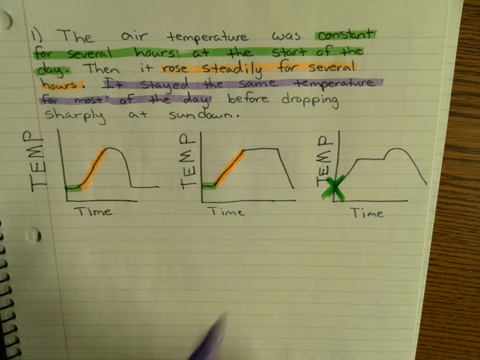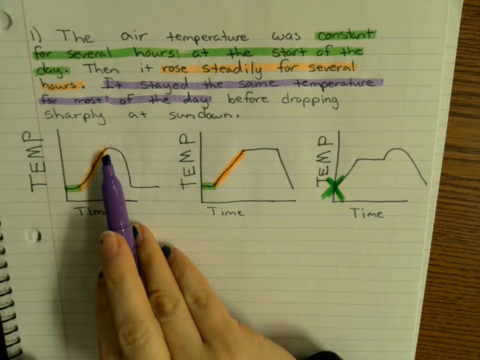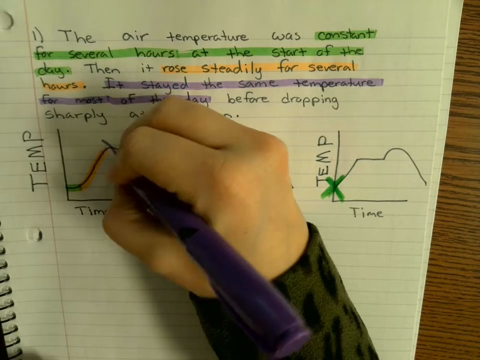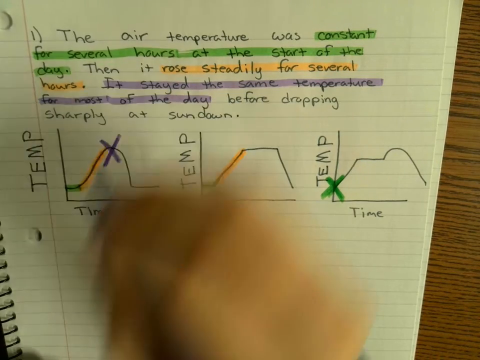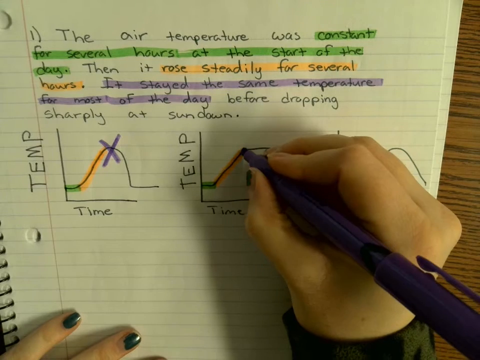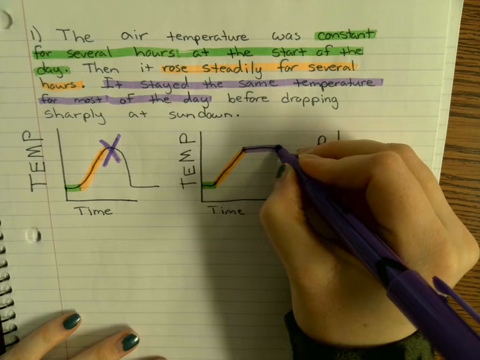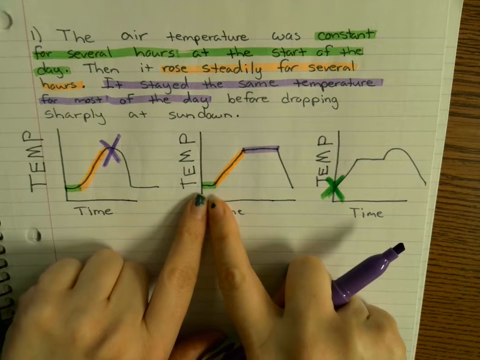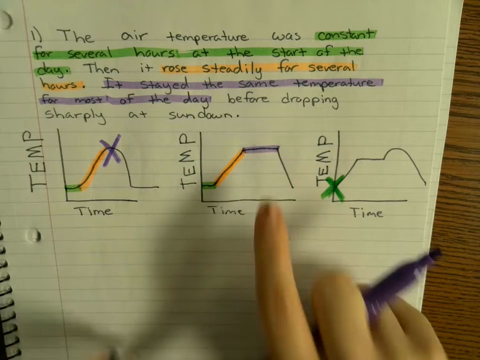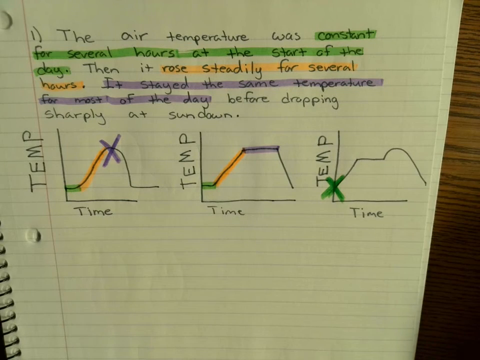Is graph A a flat straight line? No, graph A is curving right here. So right here is where graph A no longer fits the scenario. Graph B does. It's got a nice flat line, just like it started with a flat line. In the center, it's got that flat line for the portion of the day. And then let's just go ahead and finish it off.